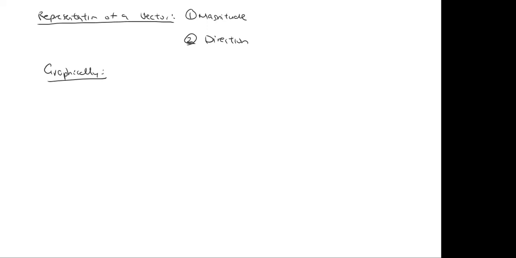So graphically, we could represent a vector as what we might call a directed line segment. That's basically just like a line segment, which means it's got a start. Let's call this A. And then it'll have an end, which we'll call B. But unlike a line segment, you have an arrow. So in other words, you can think of it as an arrow.